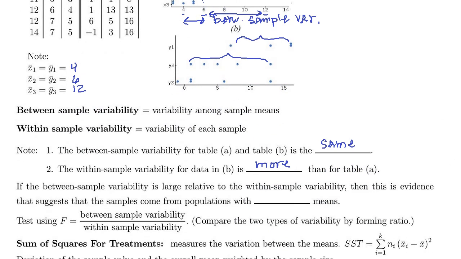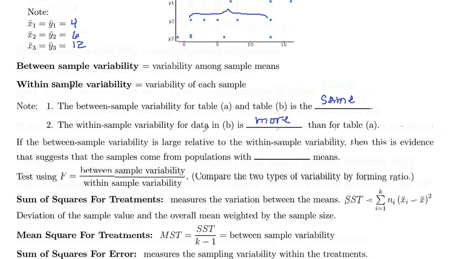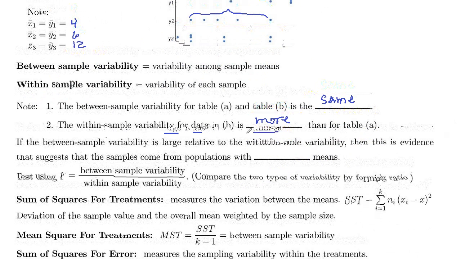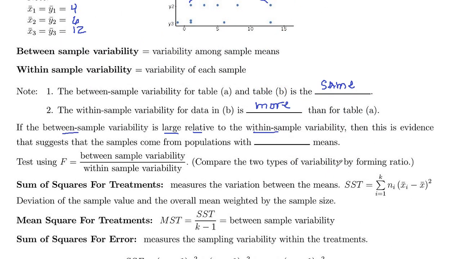So now, if our between sample variability is large relative to within sample, then that's evidence that suggests that the samples come from populations with different means.